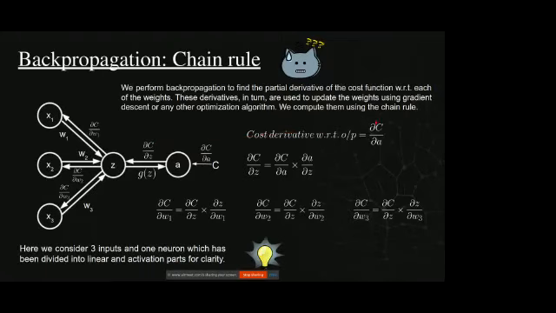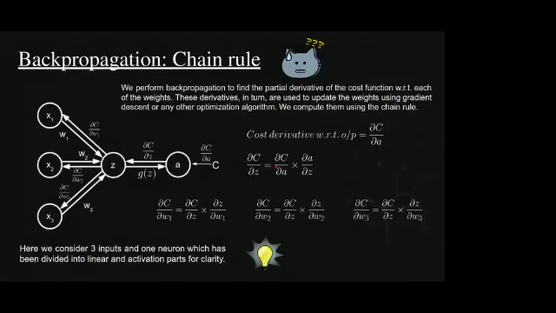Now, this may be a lot of equations, but I'll explain it. ∂C/∂a is something we can calculate directly, since this is the output layer. After that, we have ∂C/∂z.